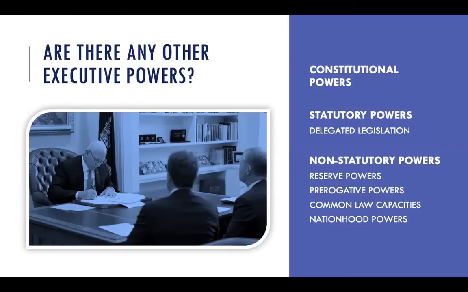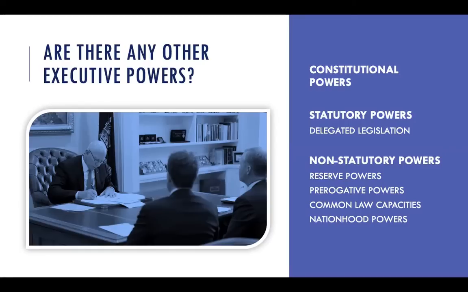Reserve powers are those powers given to the Governor General when, in special circumstances, he or she will not act on the advice of government. Remember that we talked about the role of the Governor General as basically just doing whatever is the will of the government, that is, acting on advice of the Prime Minister or of the ministers.